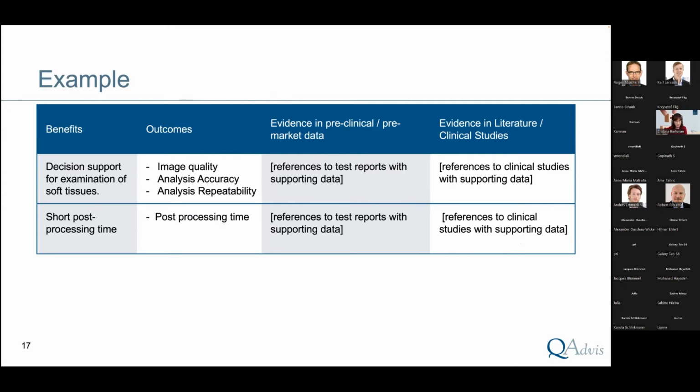One of the benefits is that it's a short post-processing time as compared to the state of the art. The state of the art being manual calculations, where you select the tissues that you want to look into, and then you make some calculations.